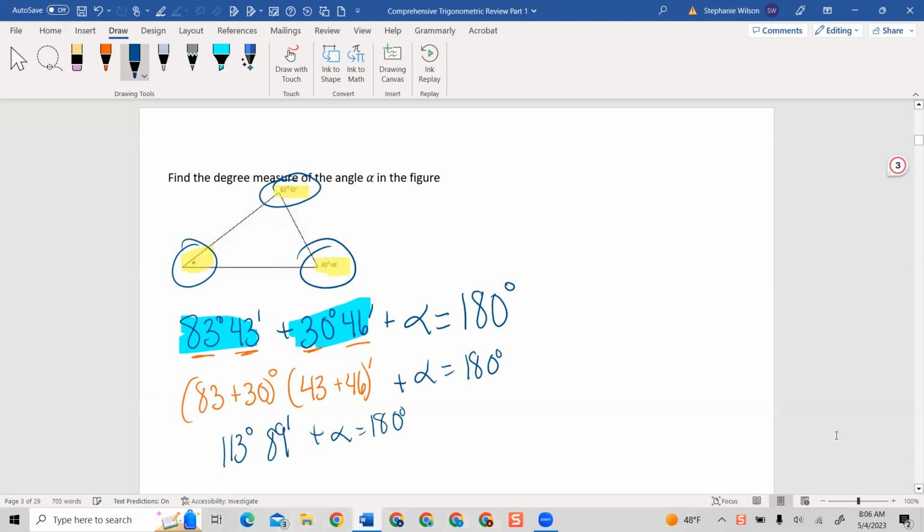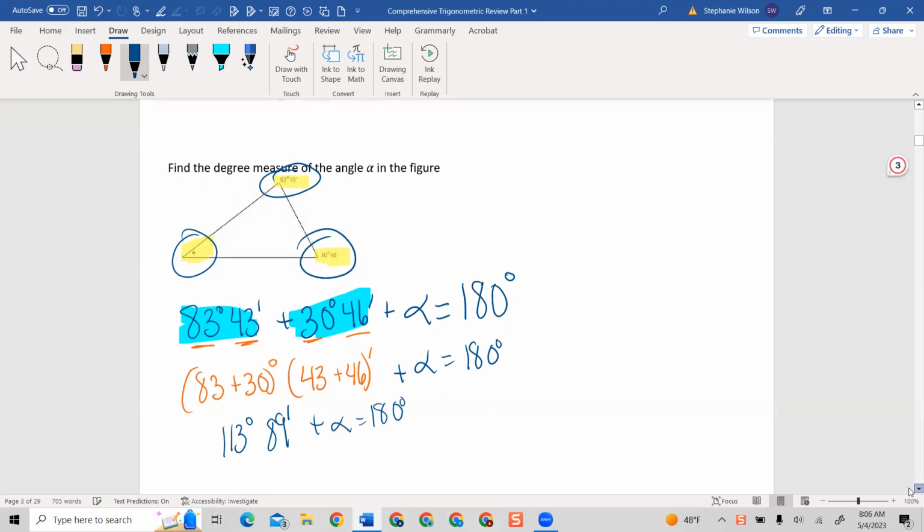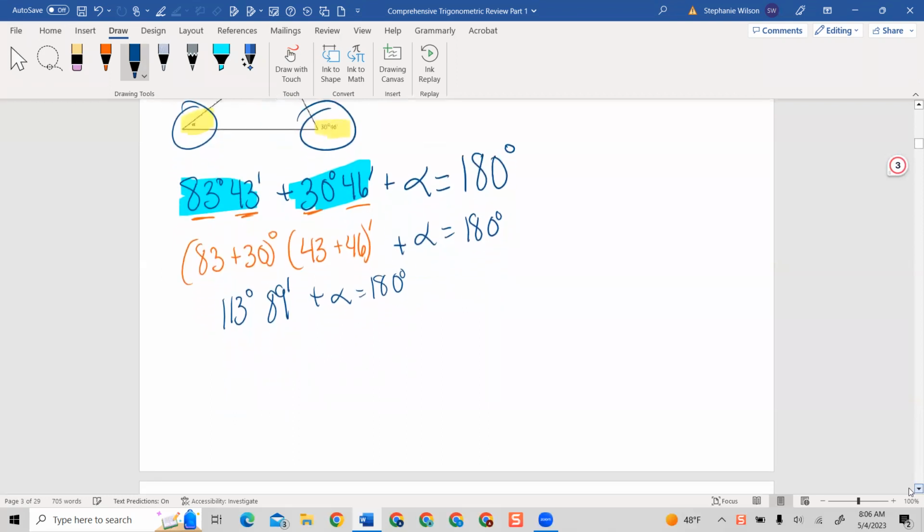Okay. Get the alpha isolated, by itself. In order to do that, I need to subtract this 113 degrees, 89 minutes from the 180 degrees. Here's the thing. Again, in order to add or subtract, they have to be like terms. And if you notice, this is in just degrees. This is degrees and minutes.